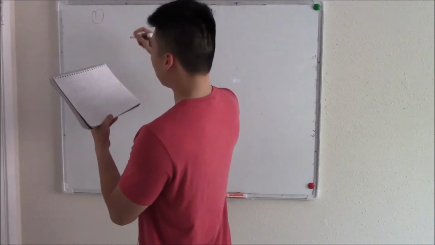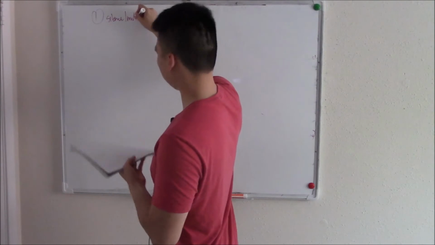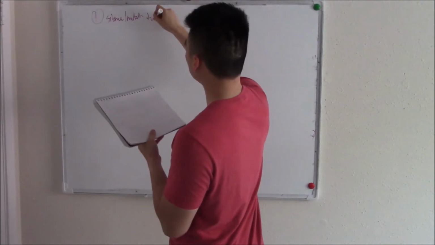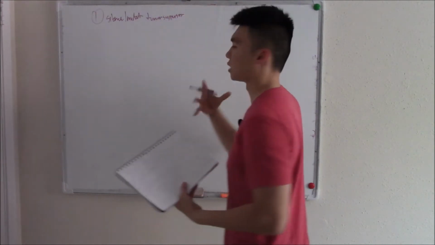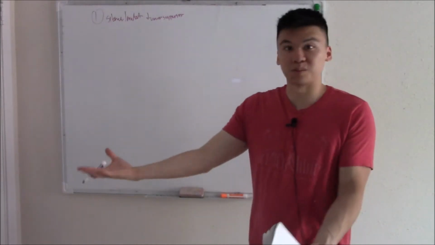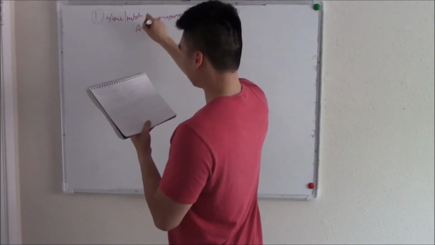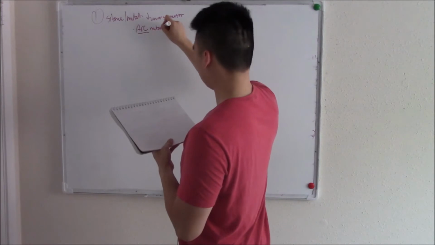The first pathway is if you silence or mutate your tumor suppressors. That's a no-brainer. If you silence or mutate your tumor suppressors, then you won't be able to suppress tumors. A tumor suppressor gene that you should know is APC, so mutations of APC can cause it.